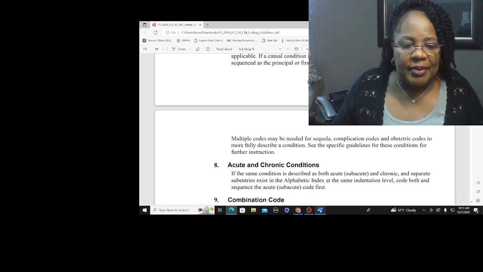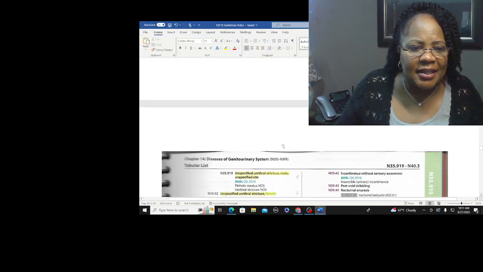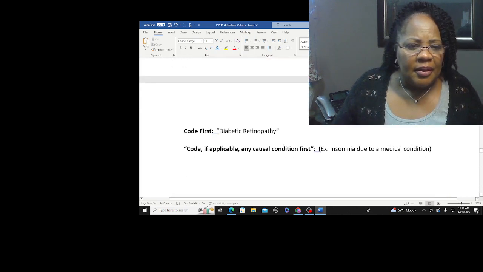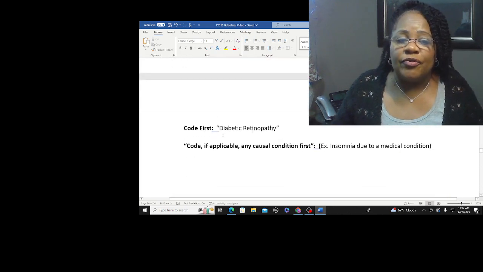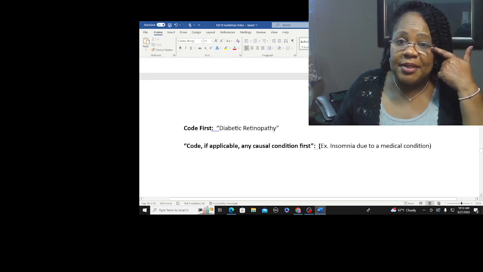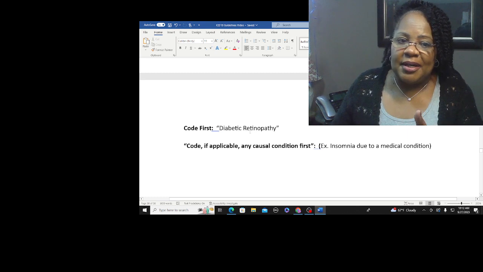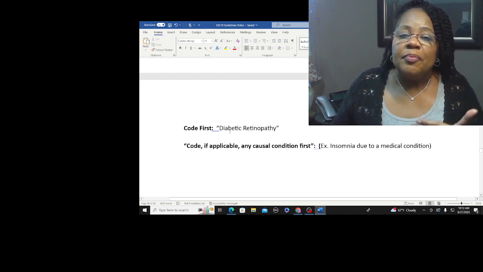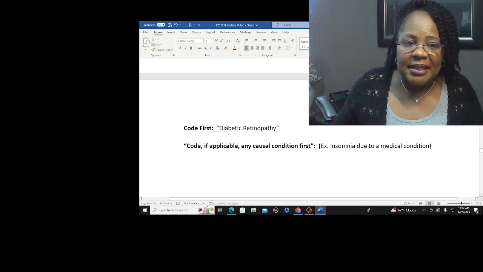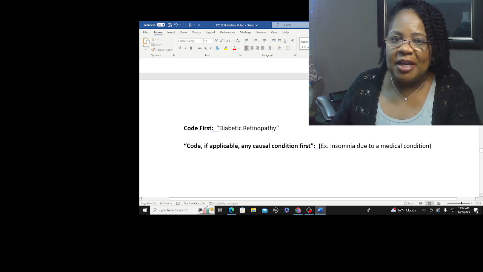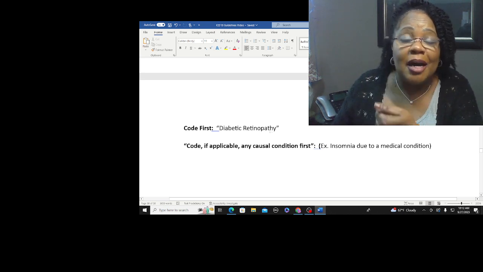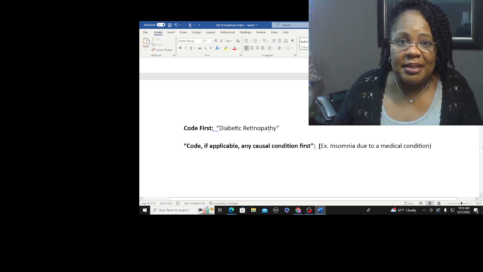So let's look back at what, make sure I'm covering everything I have on my guidelines for this. Only thing I have here is like code first, diabetic retinopathy. You know that retinopathy is a disease of the retina in the eye. But if it's a diabetic retinopathy, then it's saying that because of this patient's diabetes, today they have retinopathy. Now understand, you can have retinopathy without diabetes.